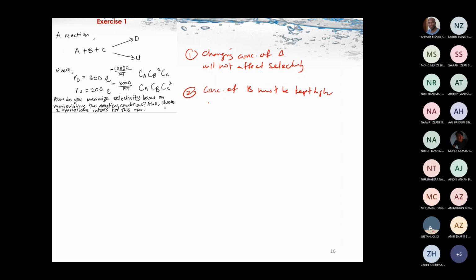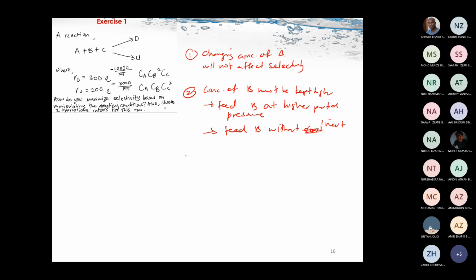Okay, so macam mana kita nak kept higher? Kita kena feed B at higher partial pressure, and we also need to feed B without inert.